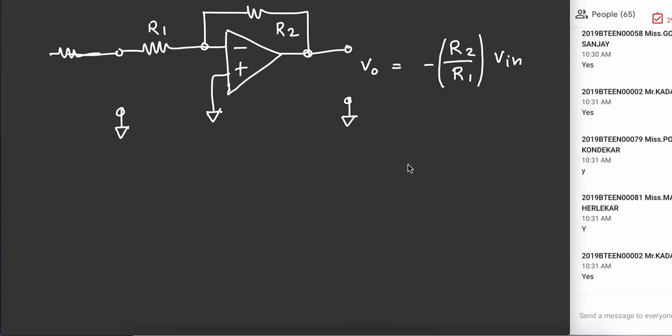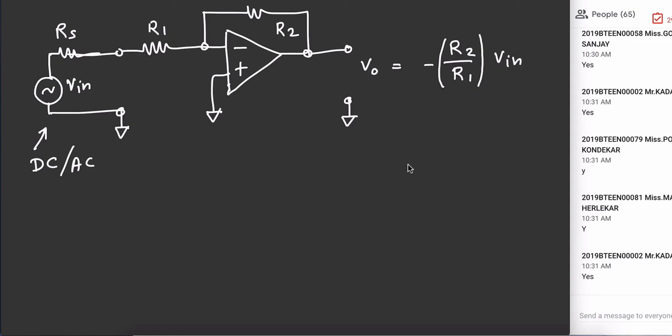Now the signal source may have some internal resistance, possibly like RS and V input. It can be DC or AC. It depends on the parameter. But we'll in general draw some signal source. Fine.